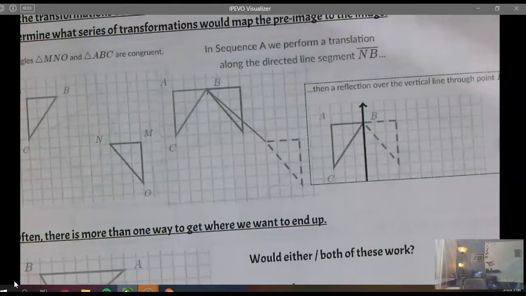So would either or both of these work? Either is not that. That's why up here with either or both, if none of them work, then your answer is just no to each of them.